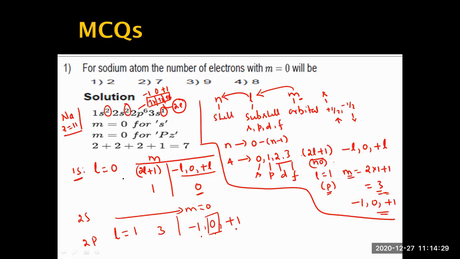1s, L is equal to 0. You have to count s electrons and 2 electrons in p. So 2 plus 2 plus 2 electrons of p and 1 electron of s. Totally 6 plus 1, 7.